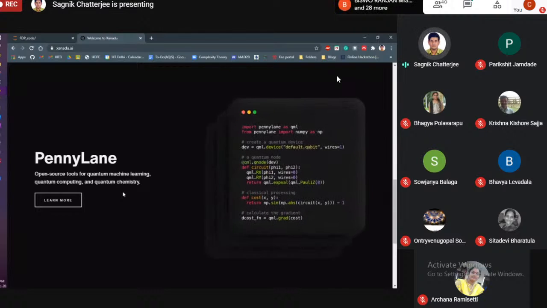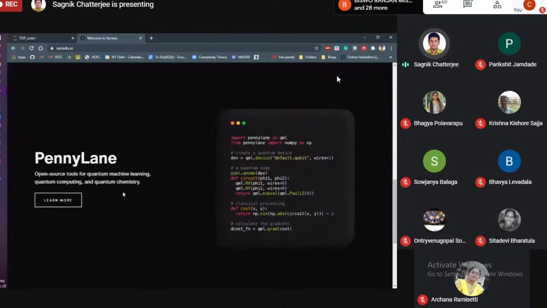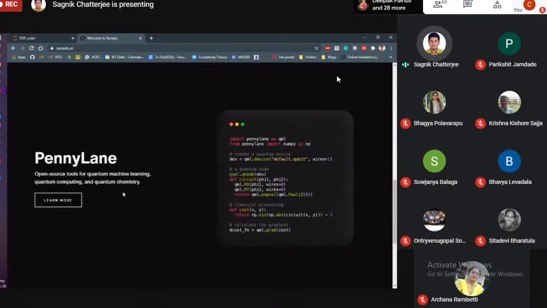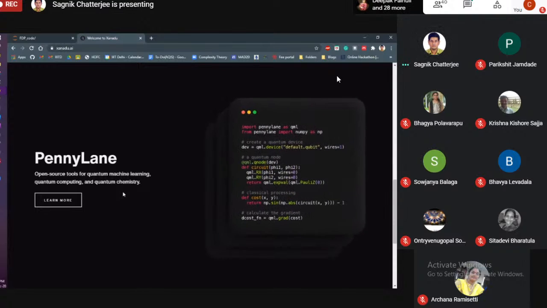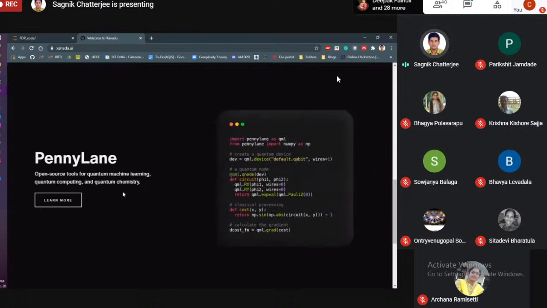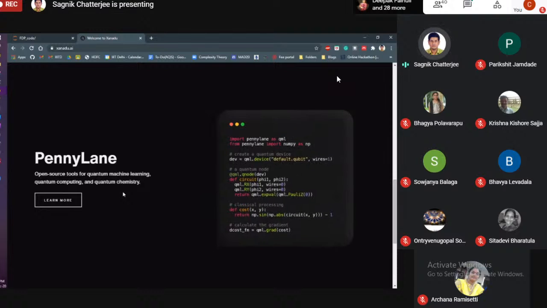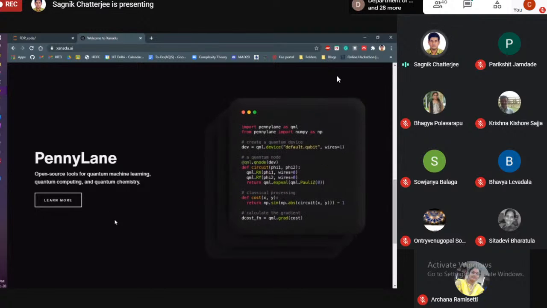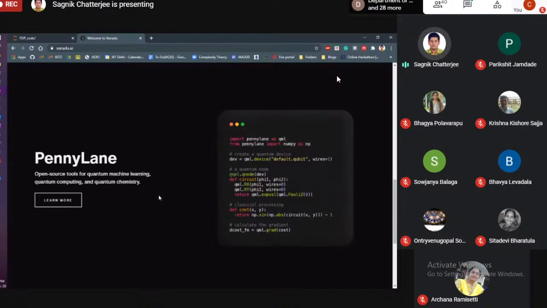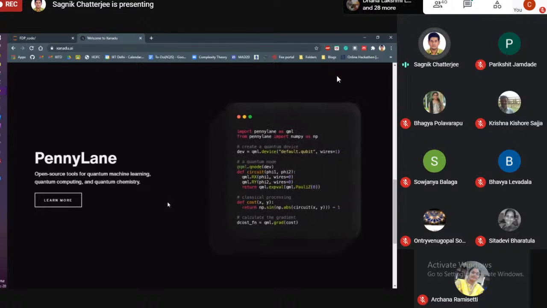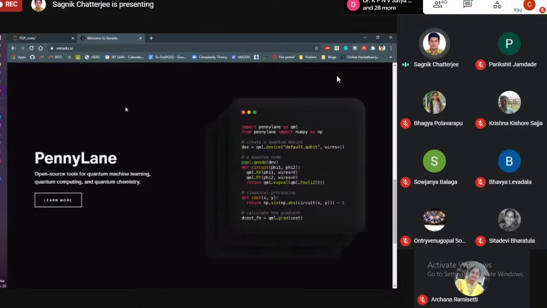The interesting thing about PennyLane is that it's plug and play. You can write code in PennyLane and run it on any of the popular quantum computing backends. You can run it on the Qiskit backend, the code that we were writing earlier. You can even run it on Rigetti's Forest backend, Google Cirq, or Amazon's Braket, which is hosted on AWS.